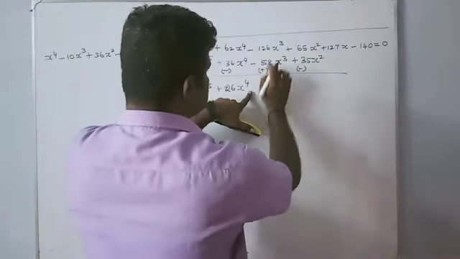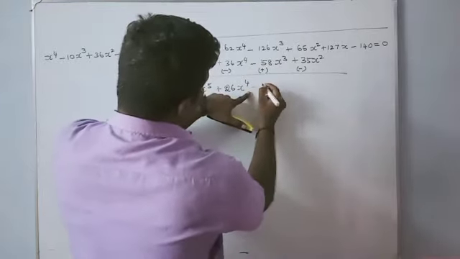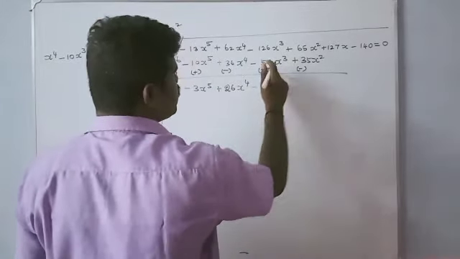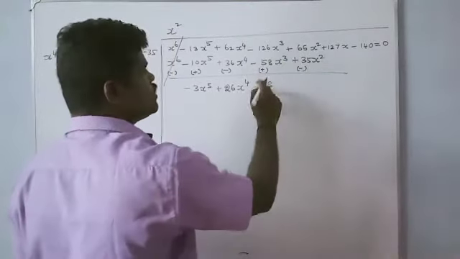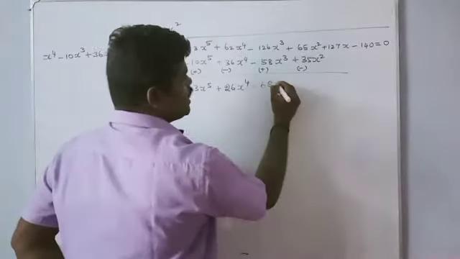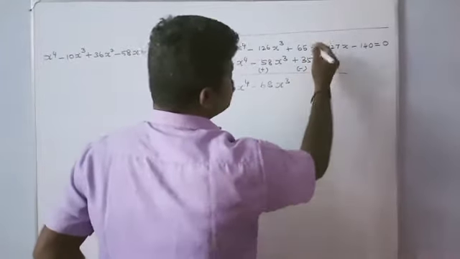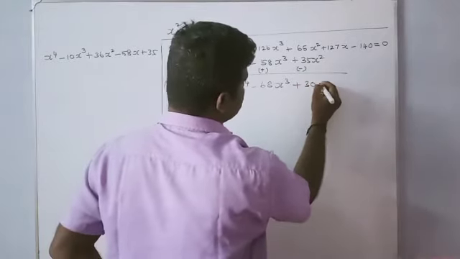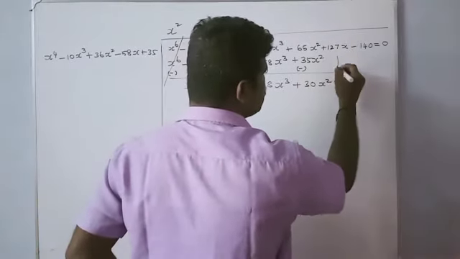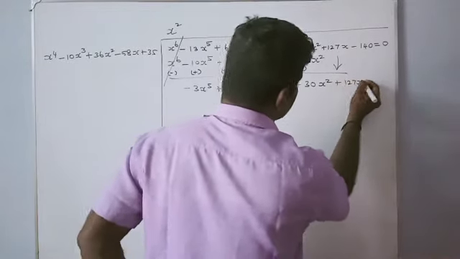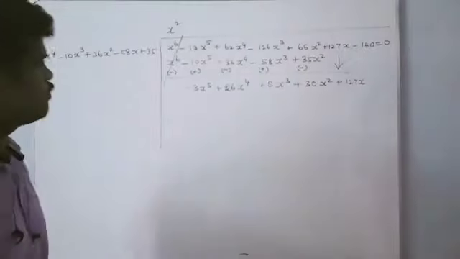Then the next value is minus 68 x cube, since minus 126 minus 58 gives minus 68. Then plus 30 x squared, and bring down the term 127x.